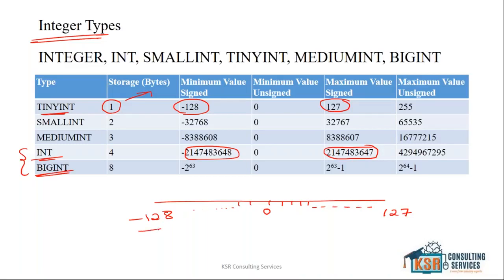So this is the minimum value sign, and this is the maximum value sign. But how much space can I fill? It will be this plus this, it is 255. 255 numbers I can fill. That is the meaning of this.